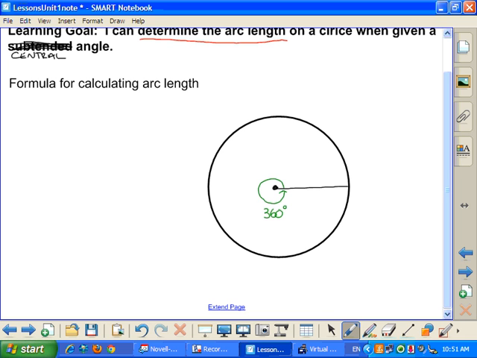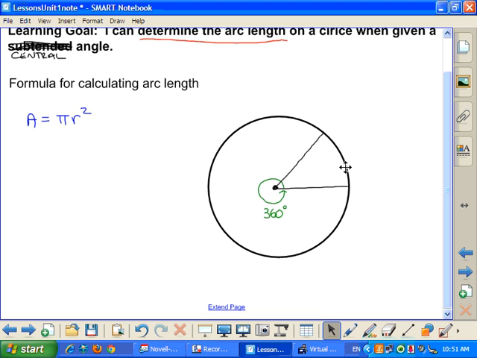So if I wanted to find the area of the whole circle, area would equal pi r squared. Okay? But we don't want the whole circle. We want a sector of it, a pie piece.